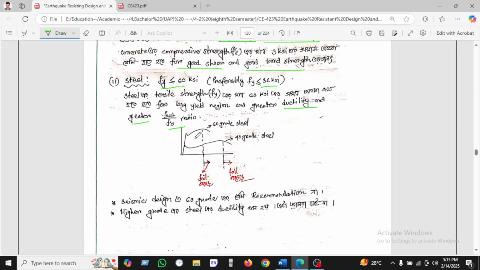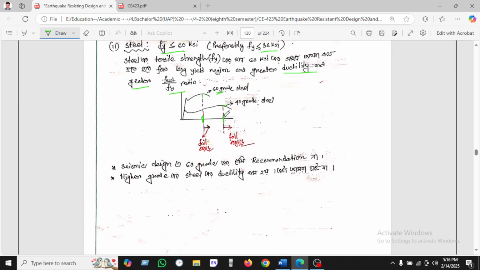We've been seeing the 60 grade bar is failing here, taking less ductility. On the other hand, 40 grade steel is taking much more ductility or strength.